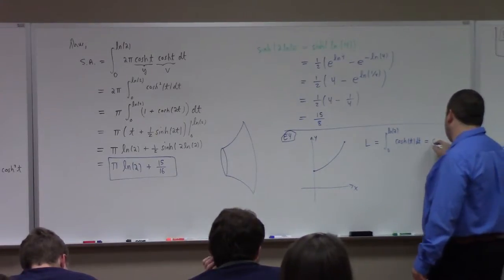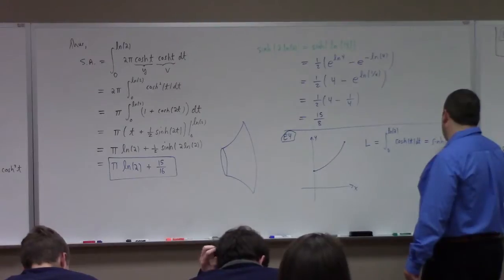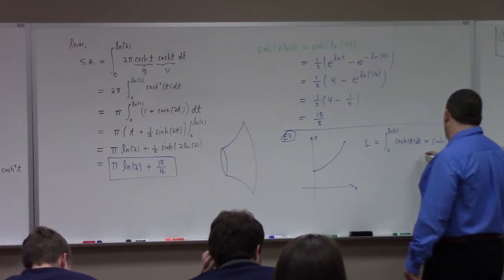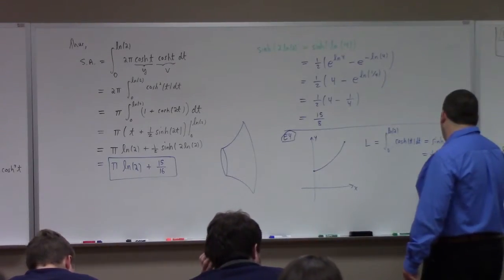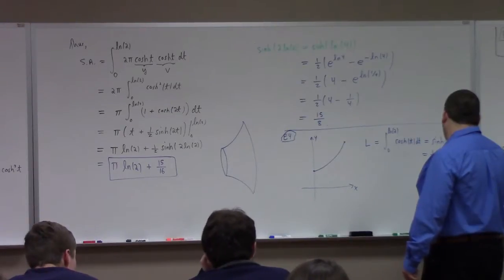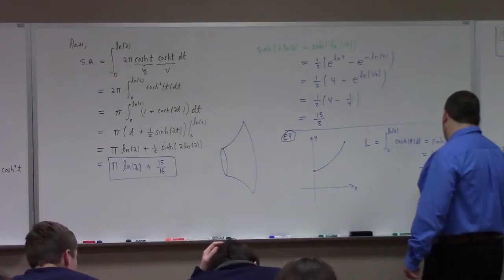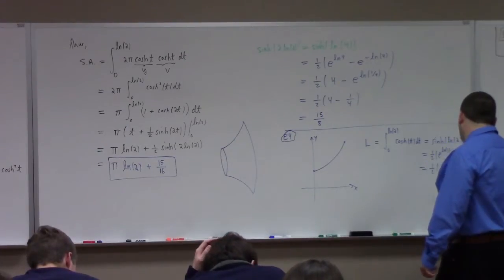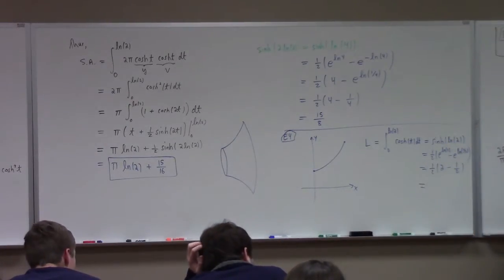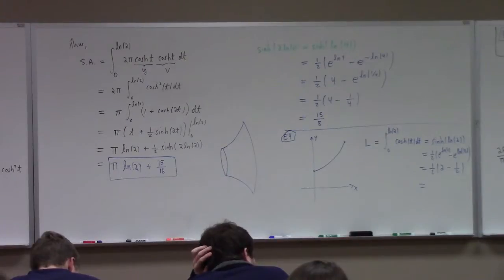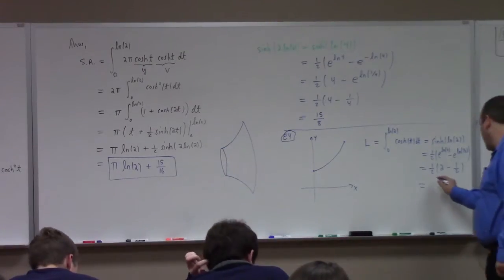So it looks like we got sinh of the natural log of 2, otherwise known as 1/2 times e to the log 2 minus e to the log 1/2, which is 1/2 of 2 minus 1/2. That's 4/2, 3/2, 3/4.